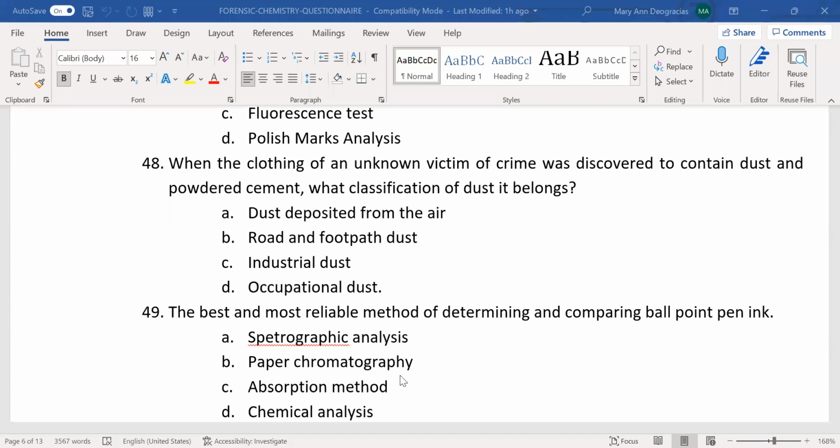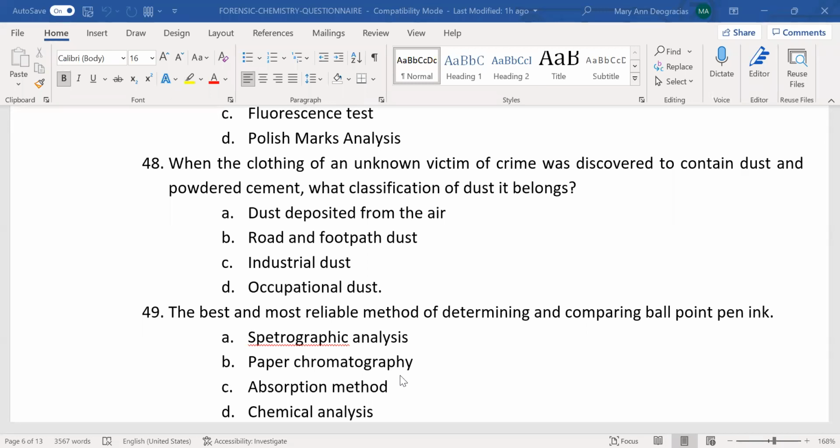B, road and footpath dust. C, industrial dust. And then D, occupational dust. Ulitin natin na. When the clothing of an unknown victim of crime was discovered to contain dust and powdered cement. Okay, may cement daw. So what classification of dust does it belong?